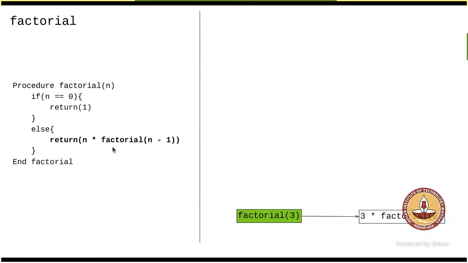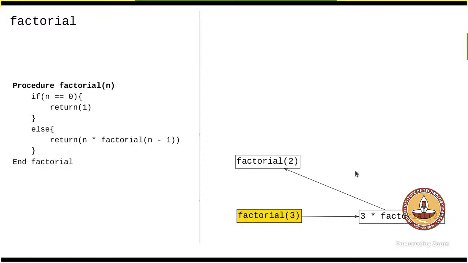The moment I call the procedure again inside it, when I say 3 into factorial of 2, I end up calling factorial again. So now a new procedure call gets created, and I have to suspend my previous procedure call. I made it yellow. Now what do you think will happen? What will be the return value for this case?